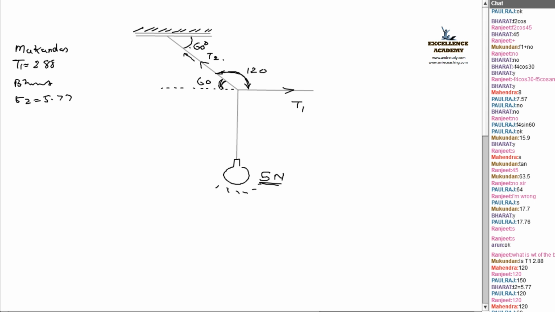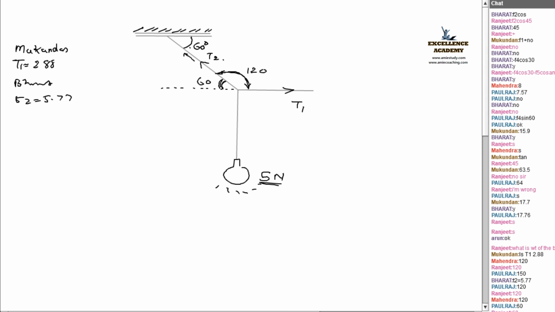Yes, that is also 60. Why? Because alternate interior angles are the same. And what will be the total angle? This will be 180, hence I got the remaining as 120. That is right. Then what about this one? I know this is 90 degrees. So 60 plus 90, that is 150. What about this one? Since it is drawn horizontally like this, it becomes 90 degrees. Clear? Remaining things are easy, isn't it?